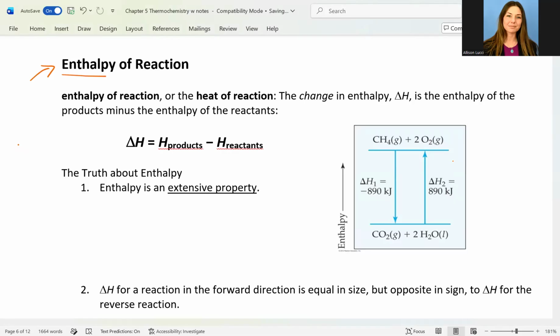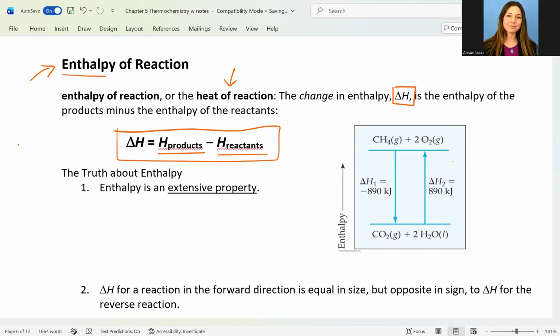So in common terms, we sometimes refer to the enthalpy of a reaction as the heat of reaction, because a change in enthalpy is going to be symbolized like this, delta H, and it's going to be the enthalpy of our products minus the enthalpy of our reactants. So this is our equation that we can think of when we think about the enthalpy change of a reaction.